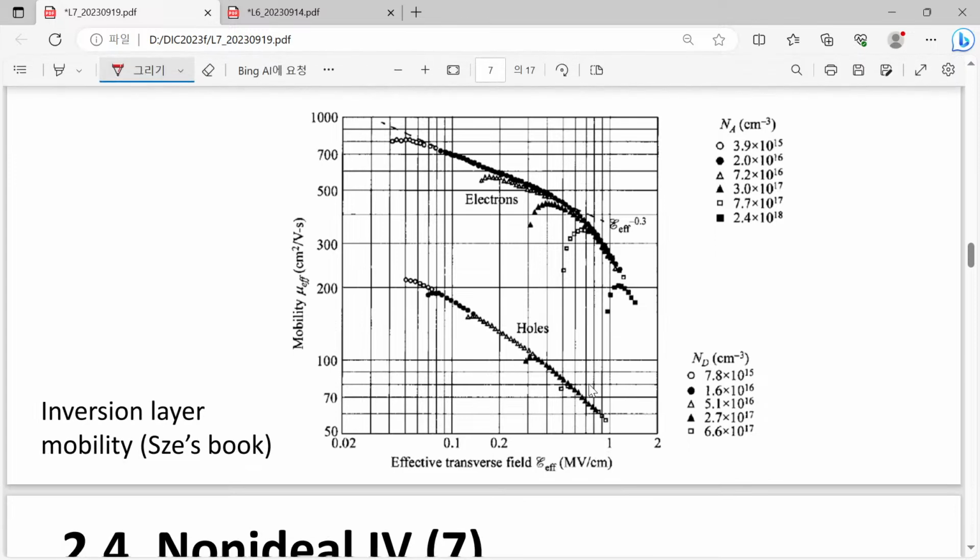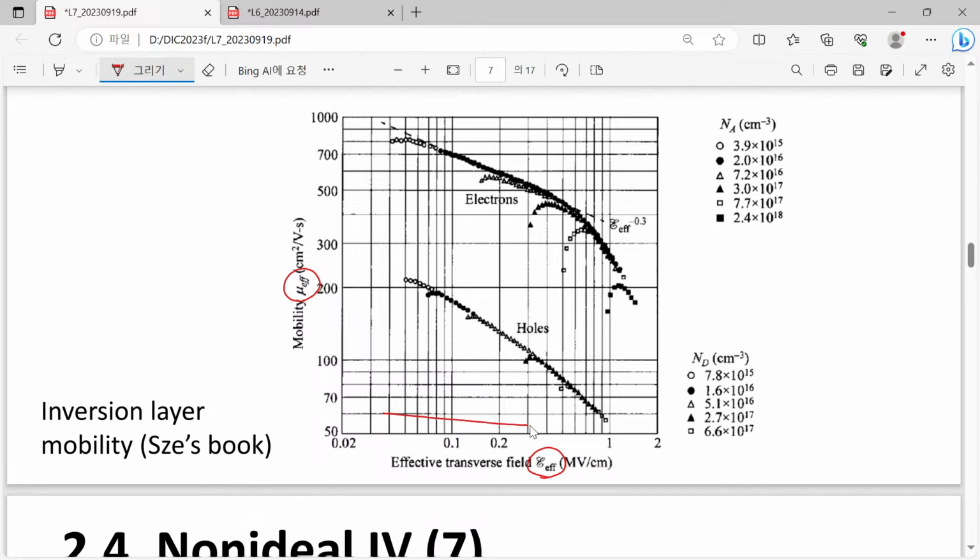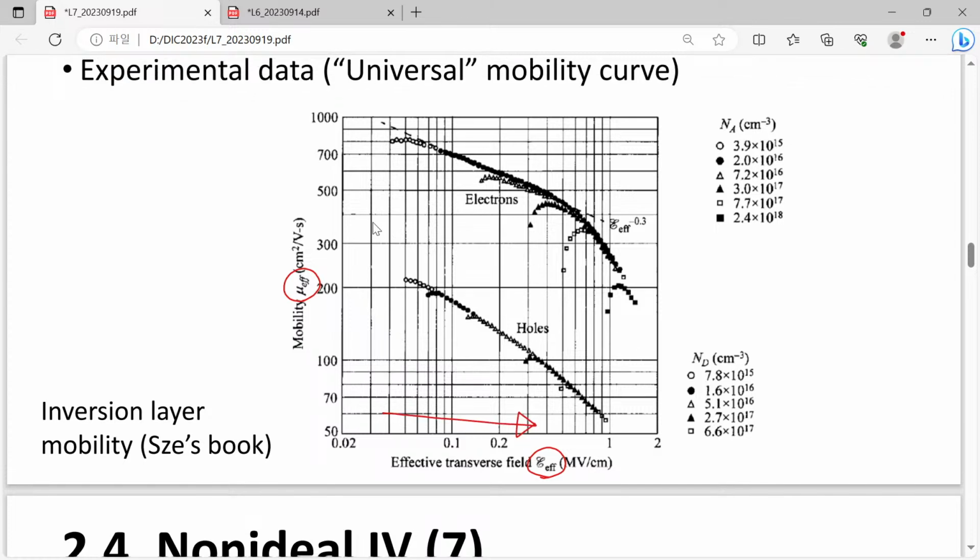Very soon we will discuss it later, but simply speaking, when we increase the vertical electric field, our mobility is decreasing. So when we have a higher electric field, mobility is decreasing. Therefore our mobility curve always looks this way.